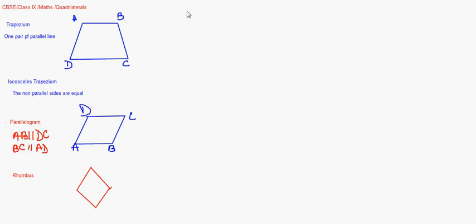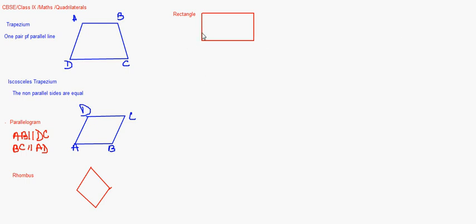Then comes a rectangle, which we have been studying for quite a few years now. A rectangle is basically first a parallelogram where opposite sides are parallel and one of the angles is 90 degree.